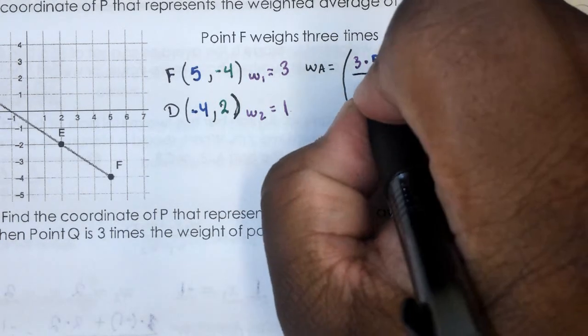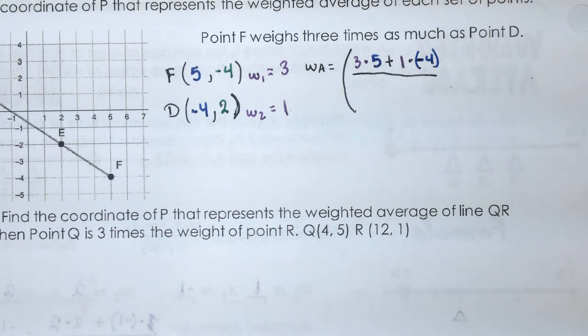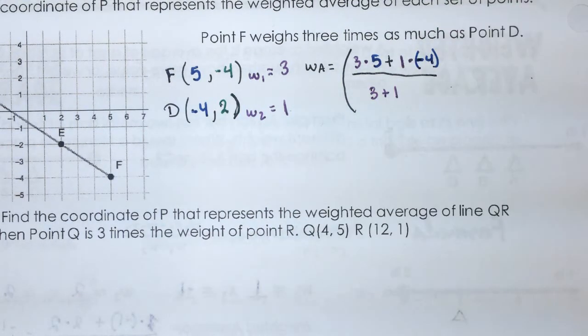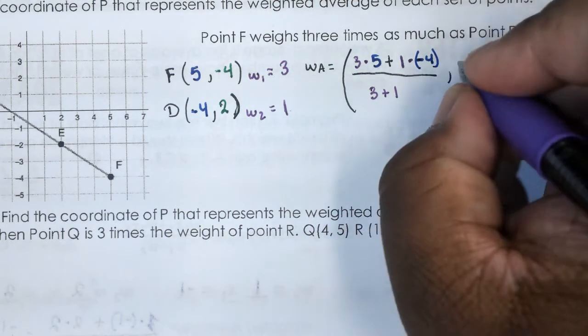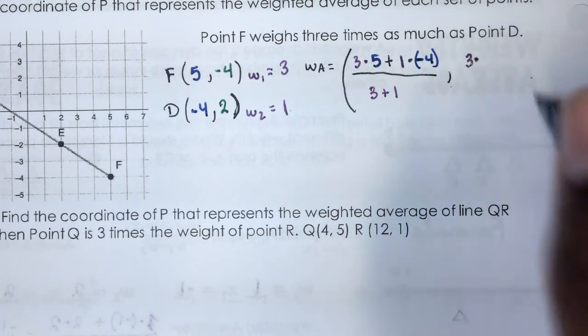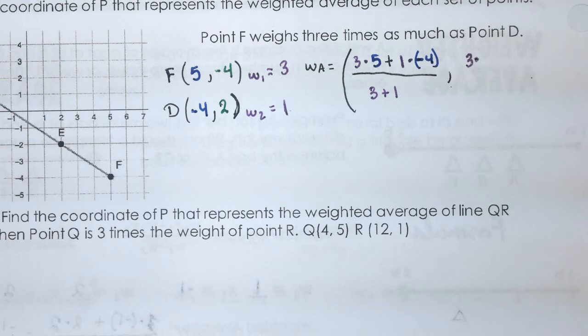Divided by my weights added together, 3 plus 1, comma. On the other side, my weight 1 times my y1, which is -4.